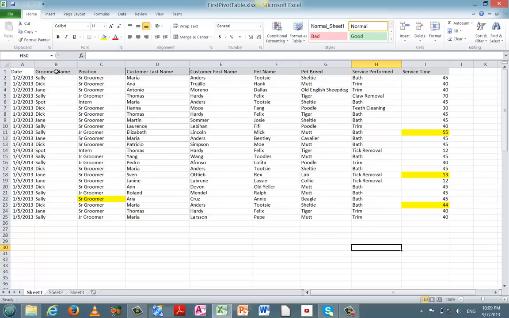One theme would relate to the people that do the grooming, so I have data that relates to the groomer. We also have data that relates to the customer, and I think we could probably include all of this data: the customer, last name, first name, pet breed.